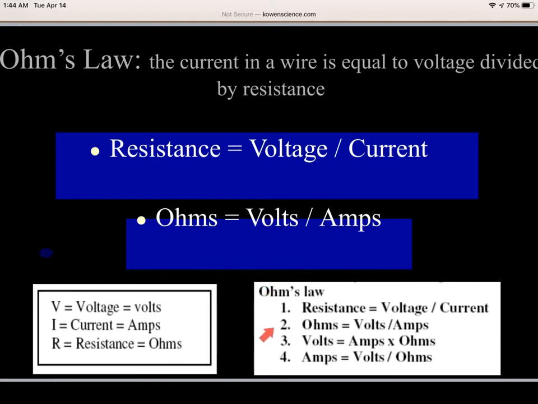Here we have just the rearrangement that you can see as you approach the problems. Now, I did all of the problems as current equals voltage divided by resistance, with one of the components being X, and solving for X, and it was a very simple problem.